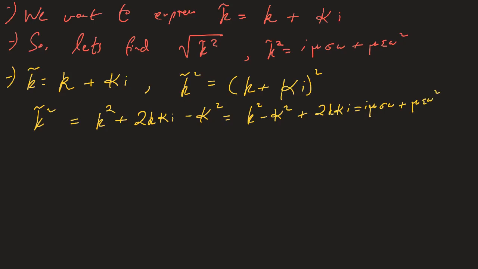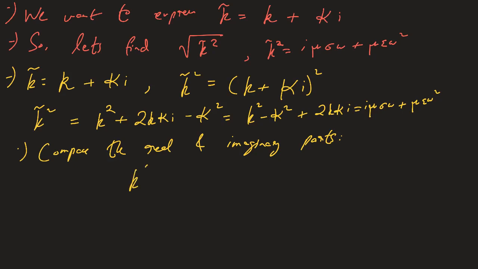Okay, so we can compare the real and imaginary parts, and if you perform that comparison, what we get is that k squared minus kappa squared becomes equal to mu epsilon omega squared, right?